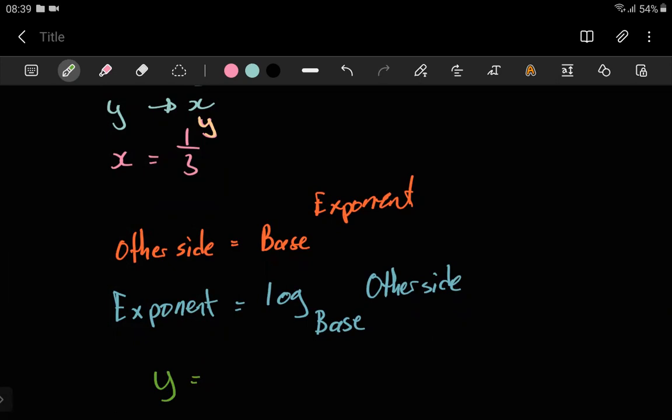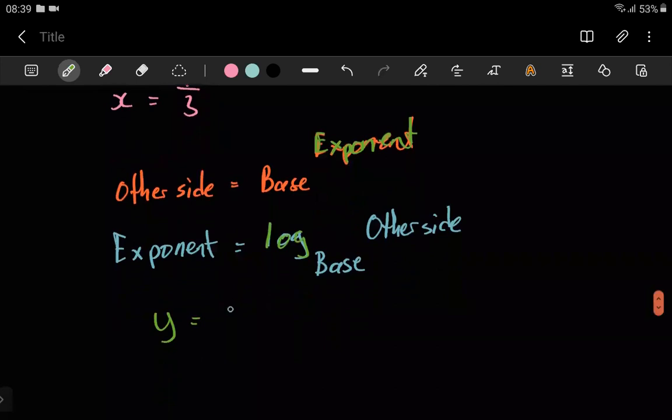That should be your reminder of when to use logs. You are seeing that, wait a minute, here we're kind of stuck because we want to make y the subject of the formula, but y is an exponent. So as long as you see y is an exponent, think of logs. When you see an exponent and you're trying to bring it down, think of logs. When you bring it down, it is just going to be equal to log.